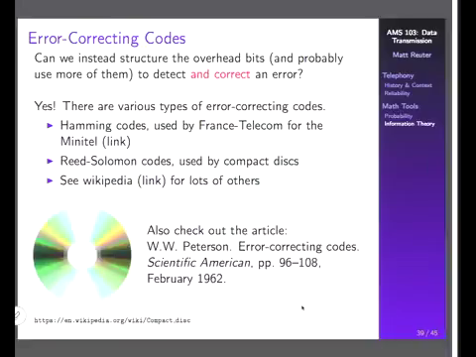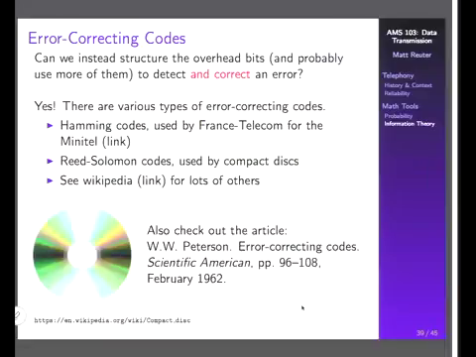Okay. So the error detecting codes are nice because they can help us detect errors. But as we saw through some of these examples, they cannot help us correct the error. We can say, oh, look, there's an error in this message, but if we wanted to know which specific bit had the error, we have no idea. That's not something we can determine. What an error correcting code does is go just a little bit further.